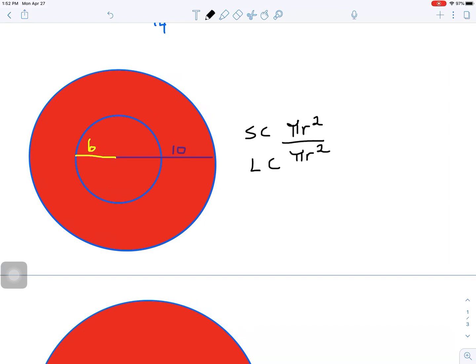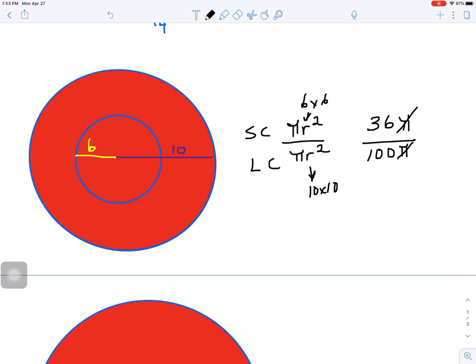We have the area of the smaller circle being 36 pi, and the area of the larger circle being 100 pi. You see I did 6 times 6 for radius, we left pi as pi, and we did 10 times 10 for radius, and we left pi as pi. But you can see that our pi's cancel each other out.